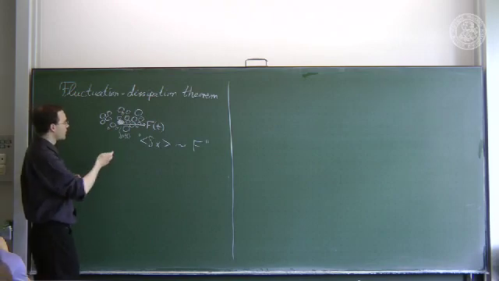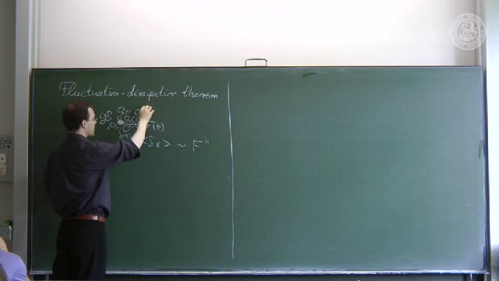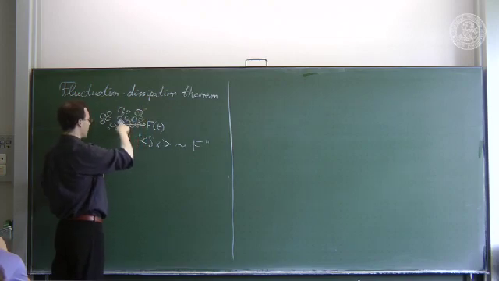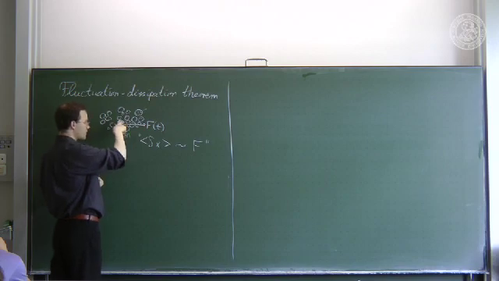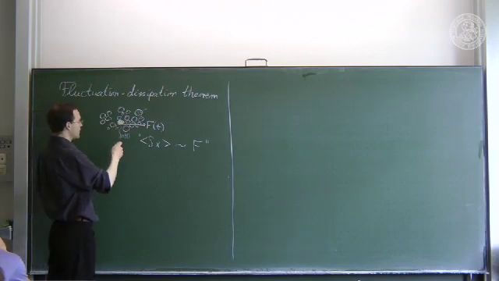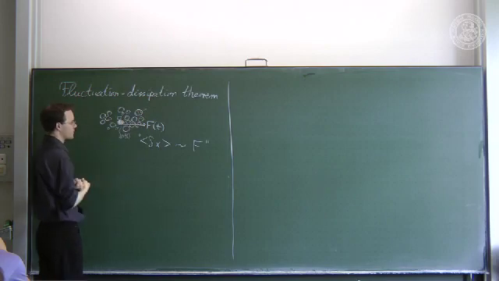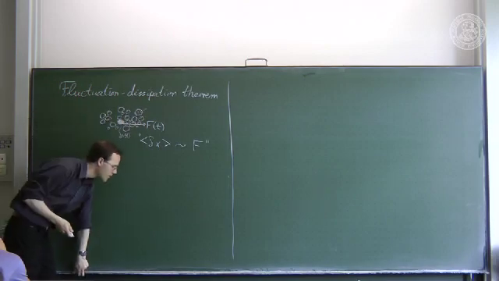One can even expand the whole picture. One could say, let's look at a force applied to some other particle and the response of some coordinate of this particular particle. And again you will find that the response is tightly connected to the correlations of the coordinates of these two particles. Okay.